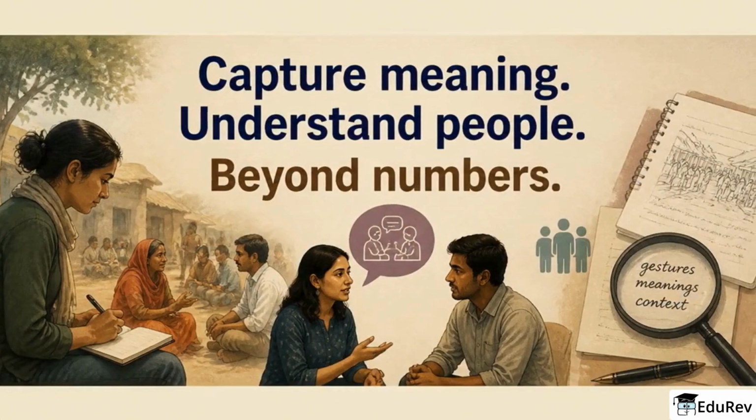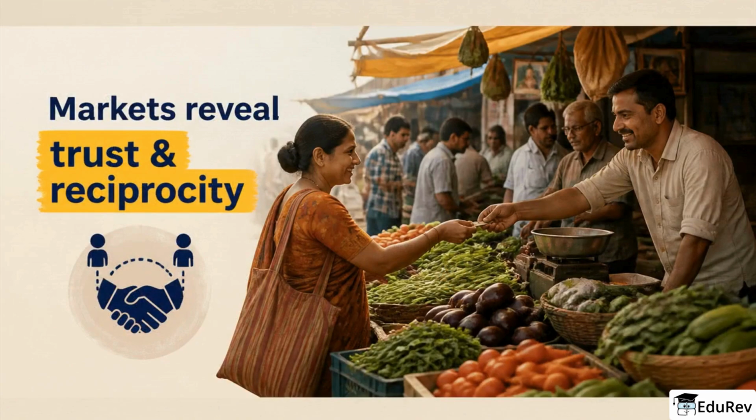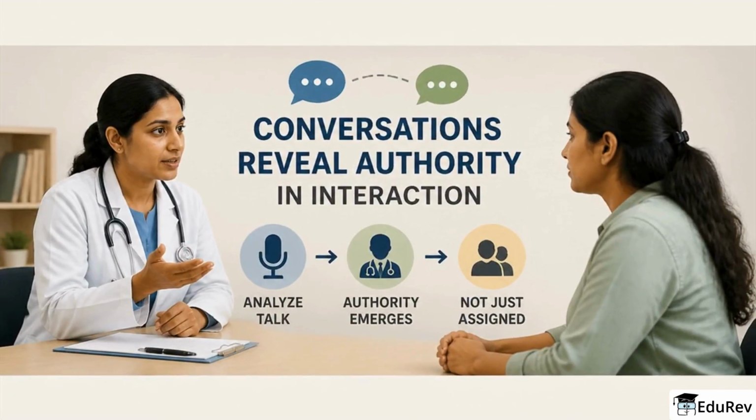These methods produce rich, contextualized descriptions that capture the complexity of social life in ways numbers alone cannot. For example, an ethnographic study of a market can reveal norms of trust and reciprocity that surveys might miss. Conversation analysis of doctor-patient talk can show how medical authority is produced during interaction rather than being simply assigned.